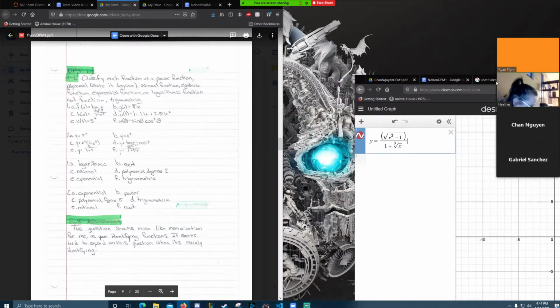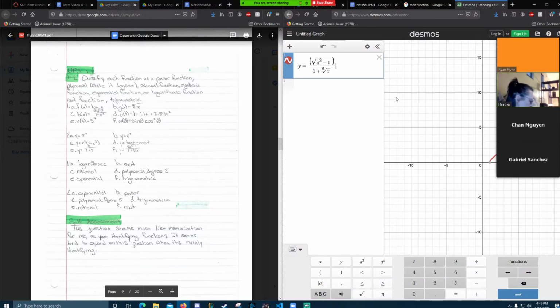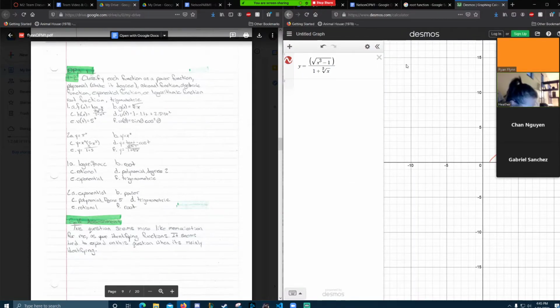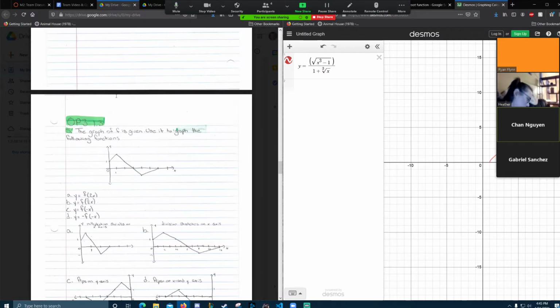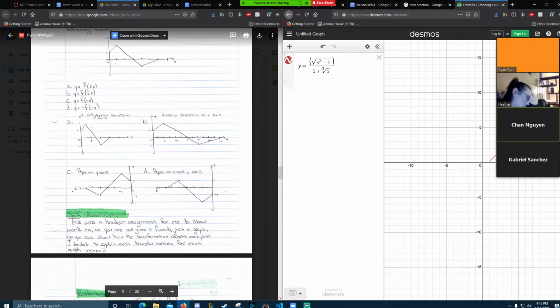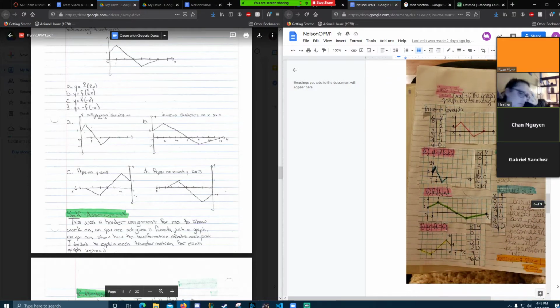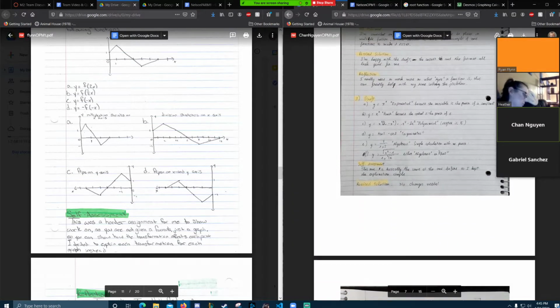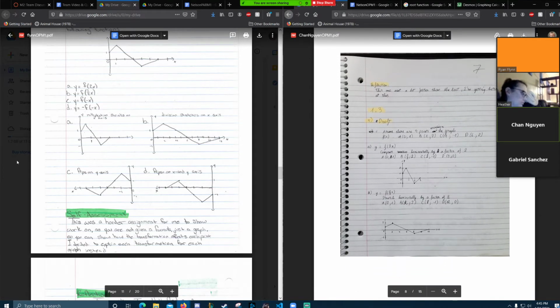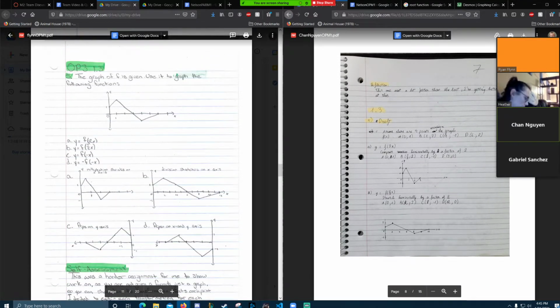Any other questions about this one? I think I'm good. Okay. And then the next one for OP3 was 1.3 number 5. So this was pretty much just transformations of a graph.